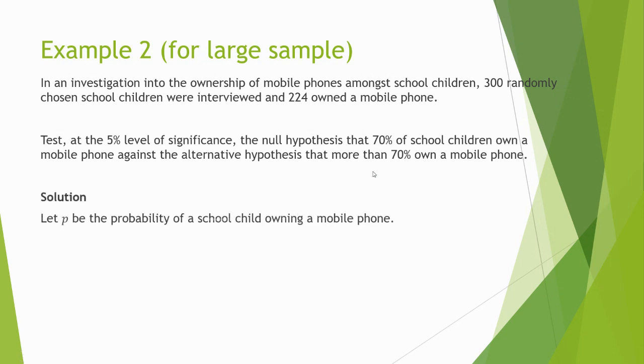That one is easy, it's already mentioned there. Greater than means that when you draw your graph, you will just consider the right side, and your level of significance is 5%.